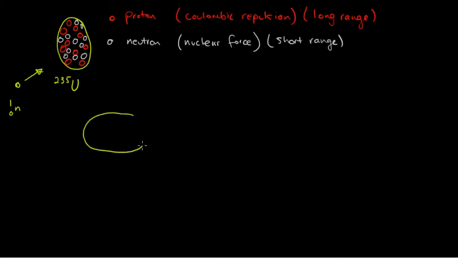And we have, in the textbooks, they say that there's a distortion here. So the nucleus distorts, and also associated with the energy from that neutron, we have increased vibrational energy.